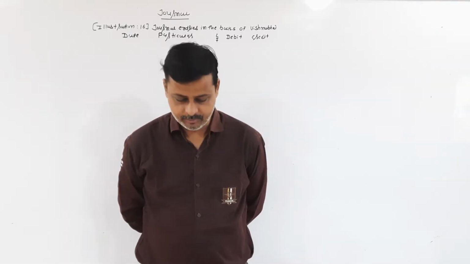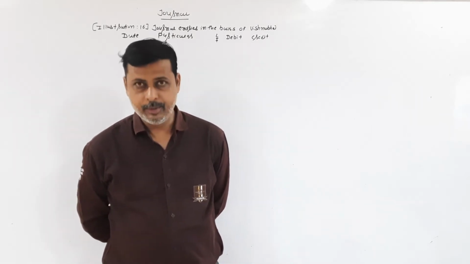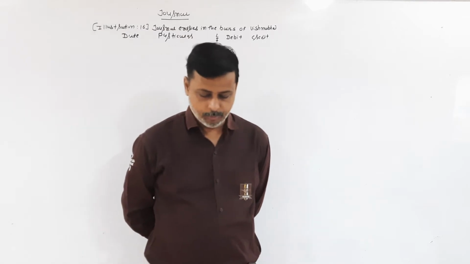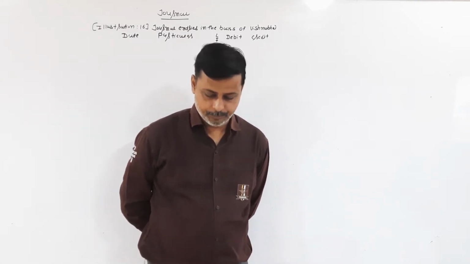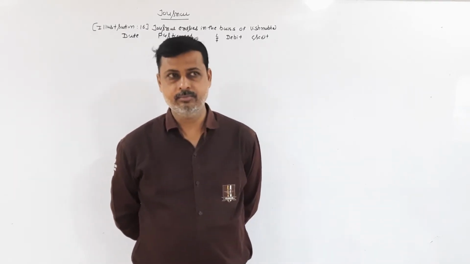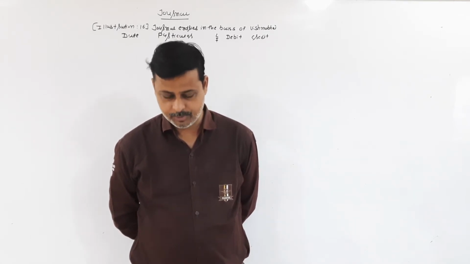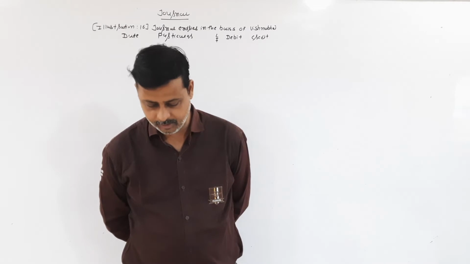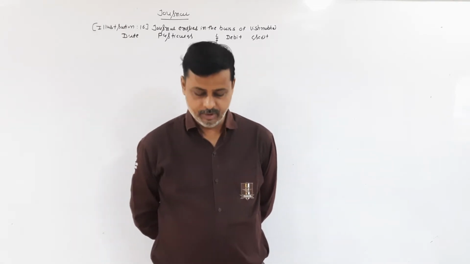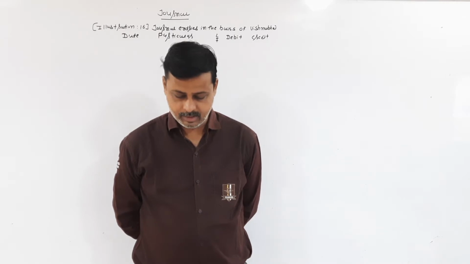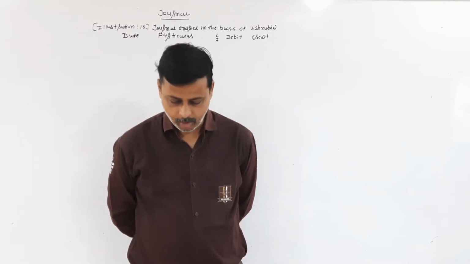Illustration 16, page number 95. From the following transactions, write journal entries in the books of Shri Vishnubhai of Vapi. The following GST rates are applicable to the business of Shri Vishnubhai.